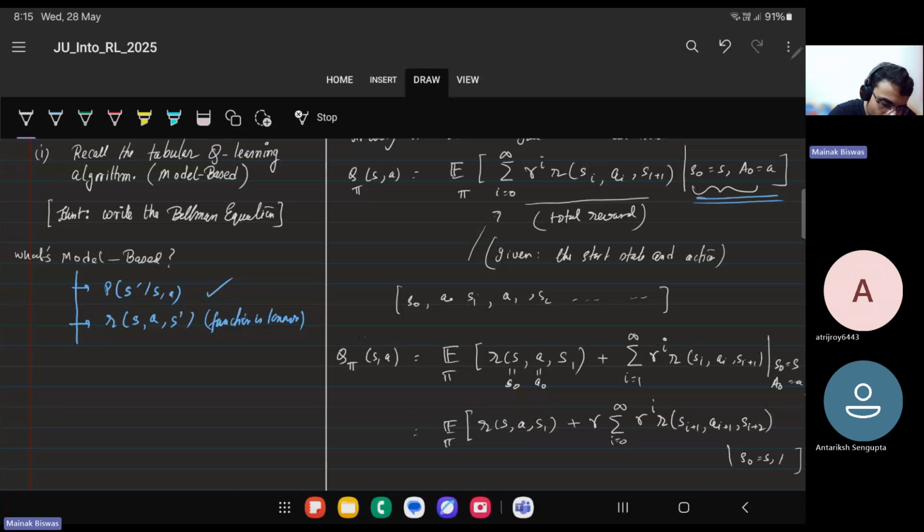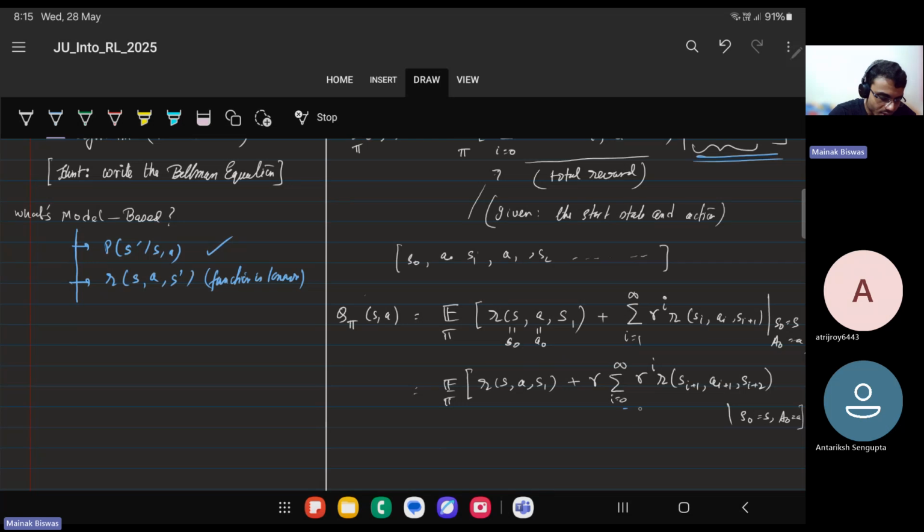So now once I know this, what do I do? Because in this second term here, what are the random variables?